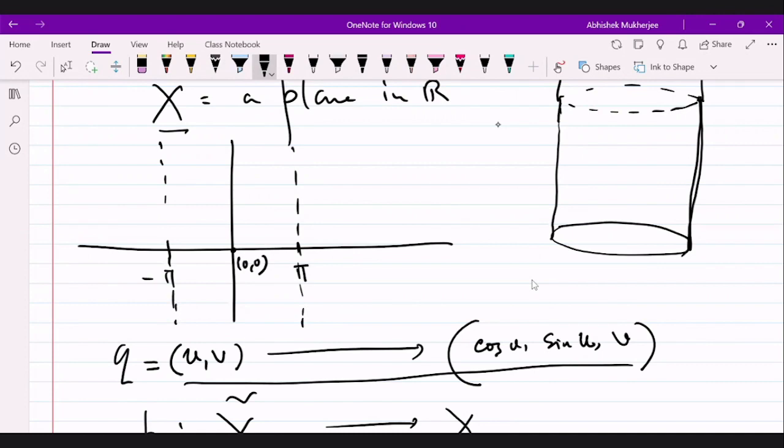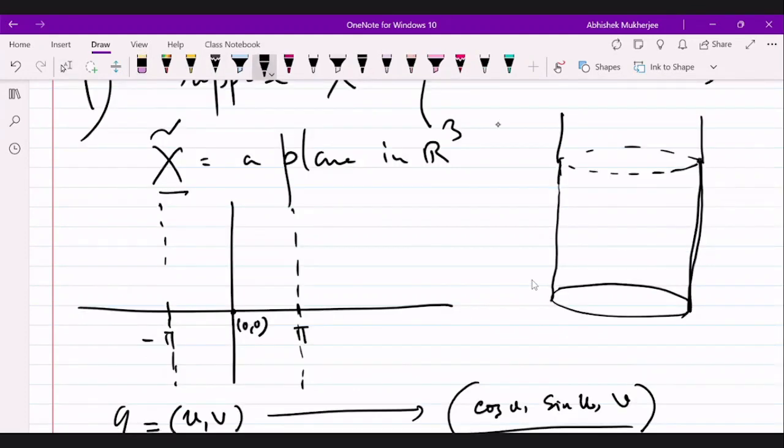And given any particular v, suppose you take some v naught here.